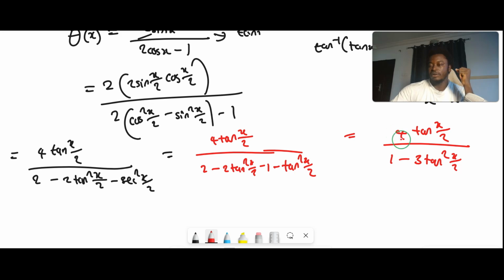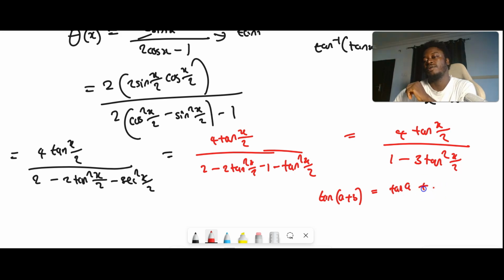Now, this may look heartbreaking because everything is not in terms of simple tangent. But if you recall the addition formula for tangent, it says that tan of a plus b equals tan of a plus tan of b, all divided by 1 minus tan of a tan of b.